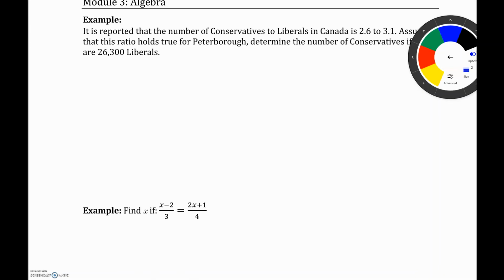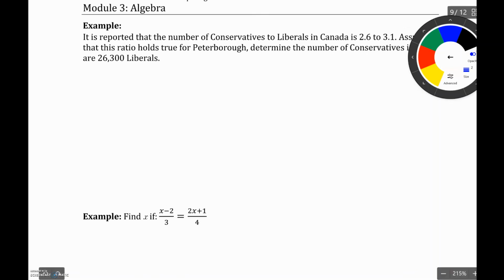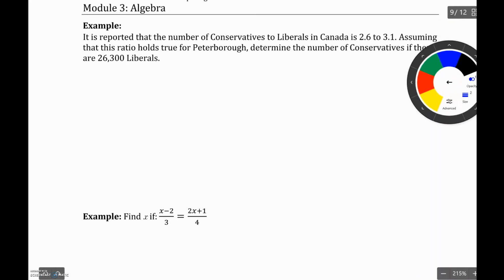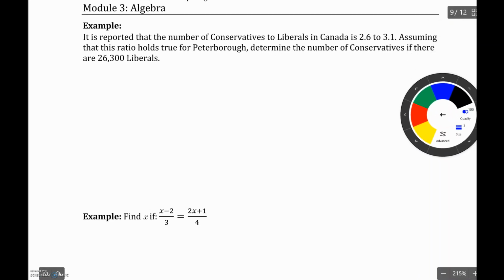So now we're going to move on to solving equations involving proportions. Now let's look at this first example here. The first example says, it is reported that the ratio of conservatives to liberals in Canada is 2.6 to 3.1.